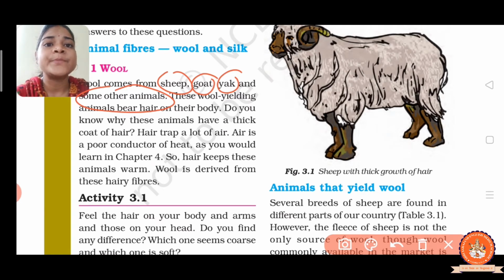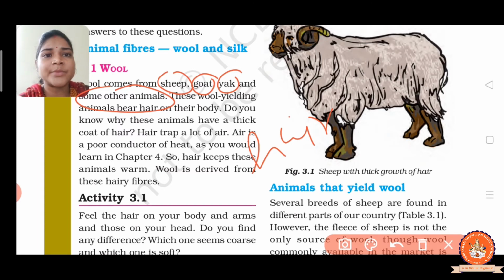Again I repeat, we get wool from the hair of sheep, goat, yak and some other animals. These wool yielding animals bear hair on their body, right?